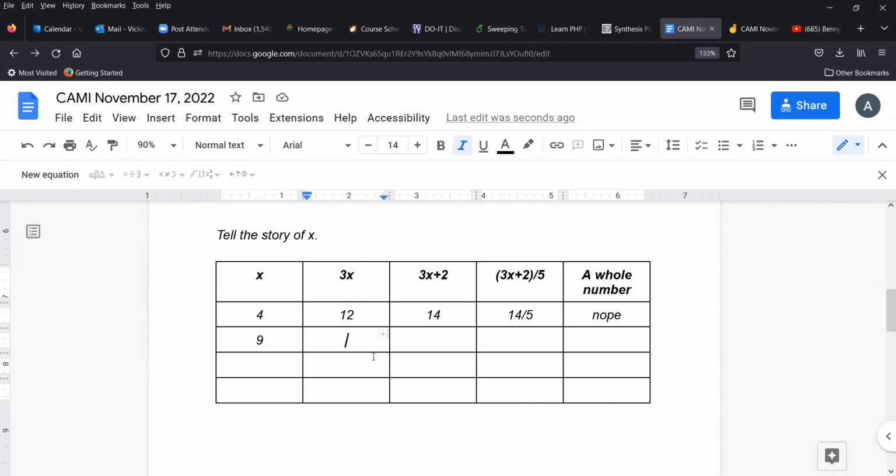Is that 18? 27? Yep. So 3 times 9 gives you 27, and then plus 2, that's 29. So now we're gonna divide the 29 by 5. And we do not get a whole number. Nope. Not yet.